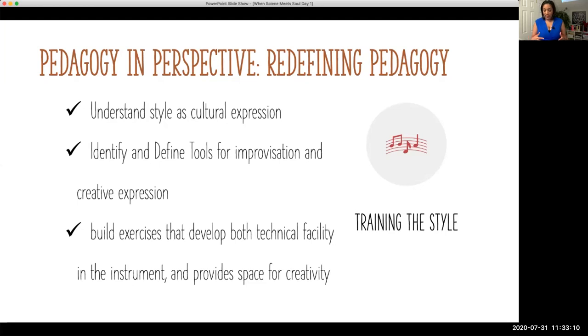We want to build exercises that both develop technical facility in the instrument, but also provide space for creativity. Because of this idea of self, creativity, emotive expression, sustaining our natural sounds, and doing that in a way that sounds authentic to ourselves, we have to integrate all of those characteristics into our exercises.